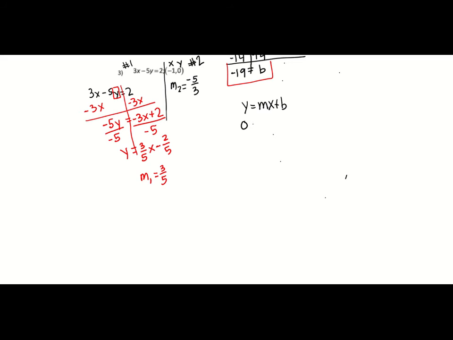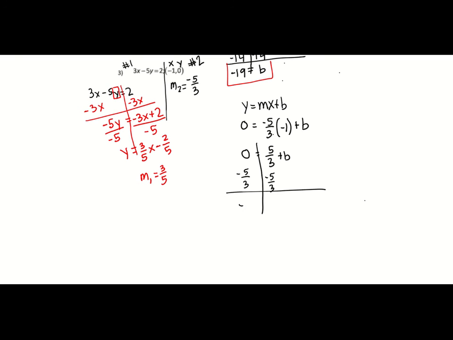Y is 0. My m is negative 5/3. My x is negative 1. And I'm trying to figure out what my b is. Negative 5/3 times a negative 1 is a positive 5/3. Now if I want to move that 5/3 to the other side, if I have a positive 5/3, I'm going to subtract 5/3 from both sides.